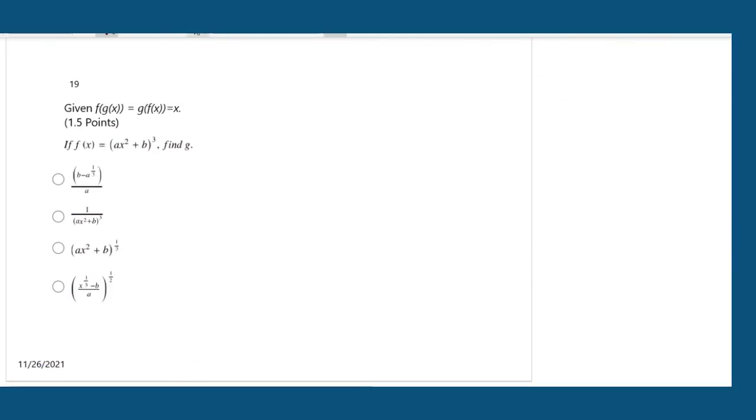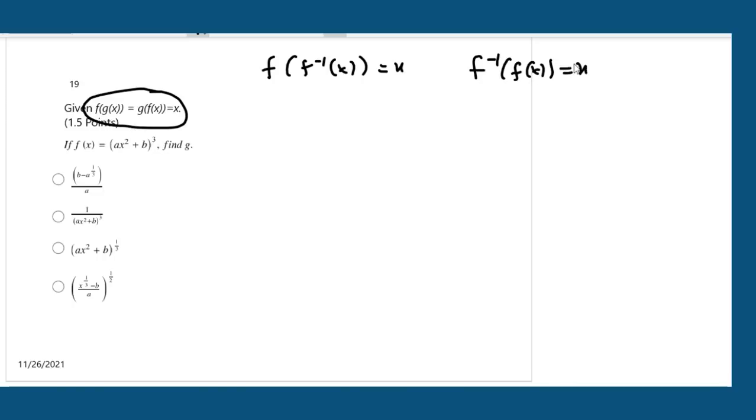Number 19. Given f of g of x equals g of f of x equals x. Given f of x, find g from this statement. Okay, this looks the same as the properties of the inverse. Say f inverse of f of x is equal to x.